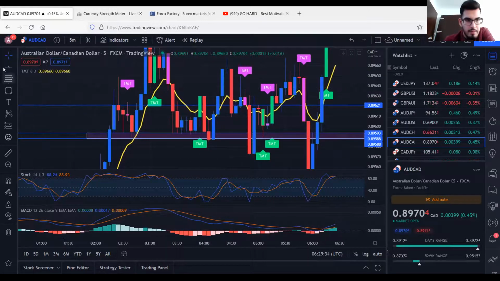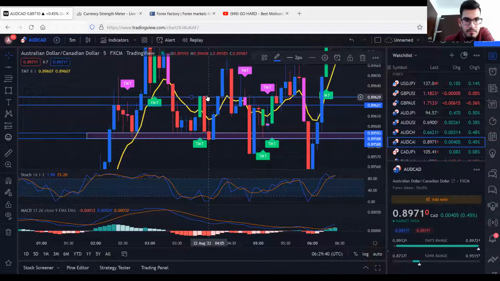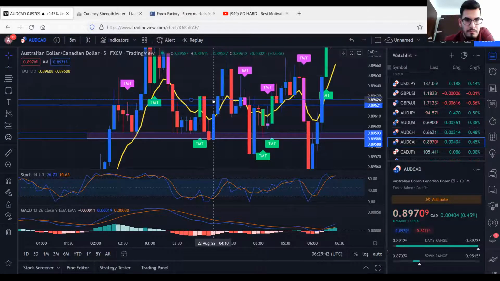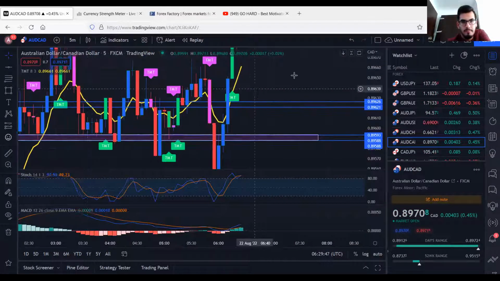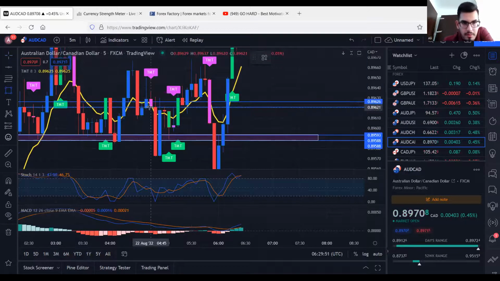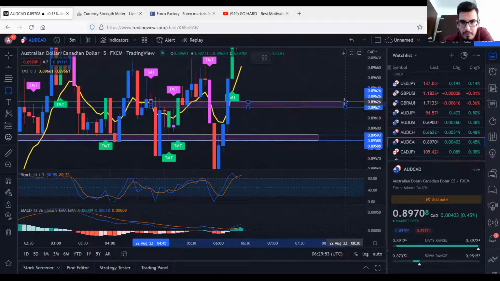Let me just see an area where we can mark it up properly. Okay. Now I'm going to chart it up. Put a rectangle on my area so we can all see where it is.